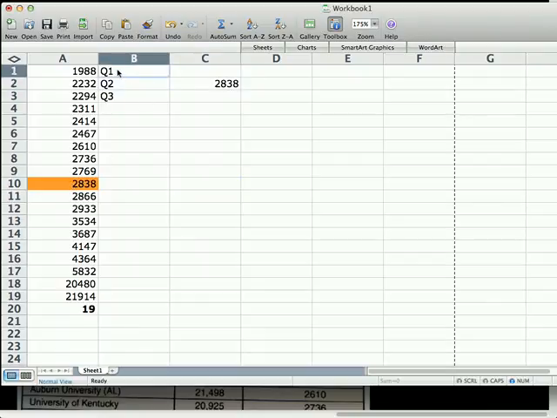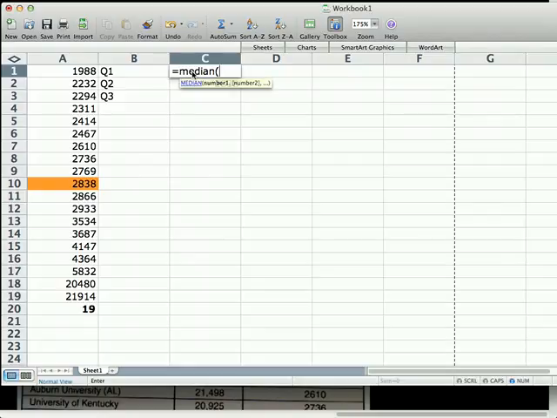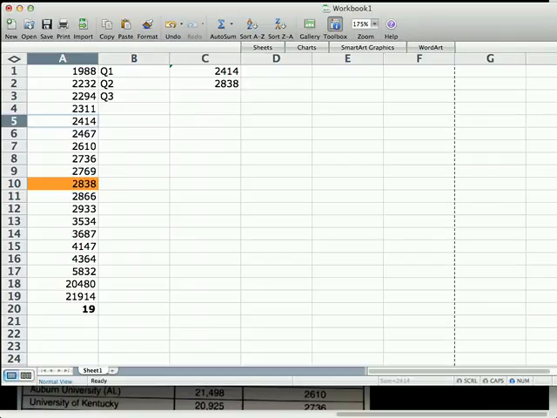Now, if I want to find quartile 1, I'm interested in the median of just the first half of the data. So this would equal the median of these values, and I get 2414. So Q2 and median are one and the same.